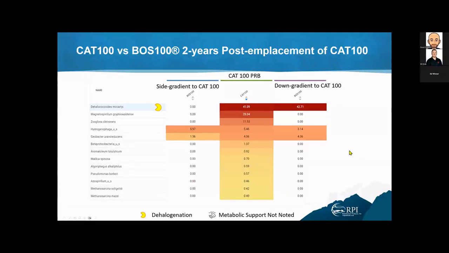What I want you to take from this is the contention that the additional matter added to the CAT 100 is essentially turning the down gradient BOS 100 into CAT 100, and that's why you're seeing this Dehalococcoides mccartyi occur when it did not in the BOS 100 injection alone, all on the same site.